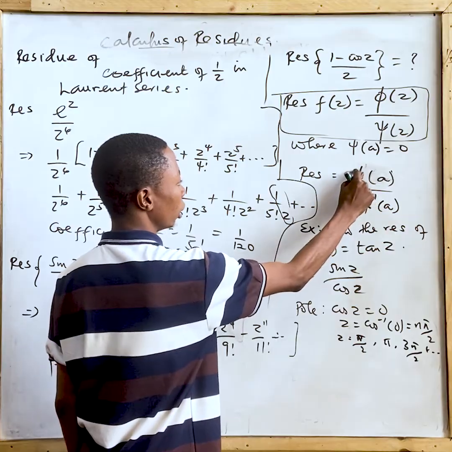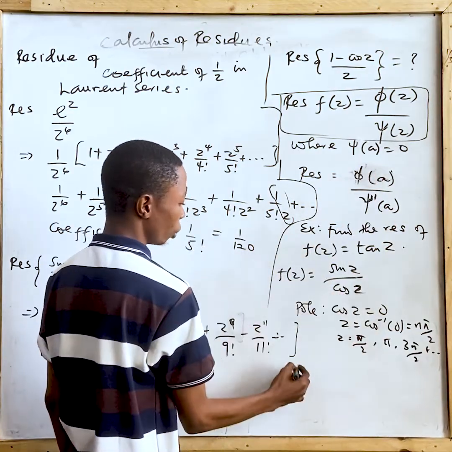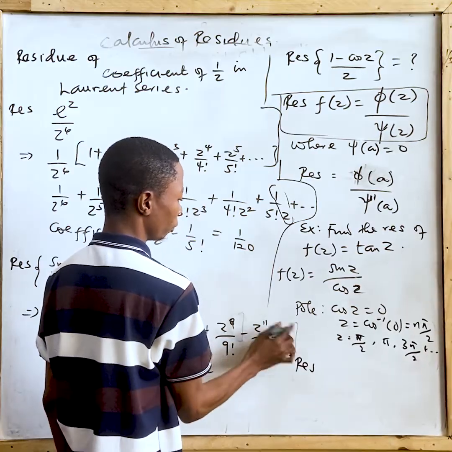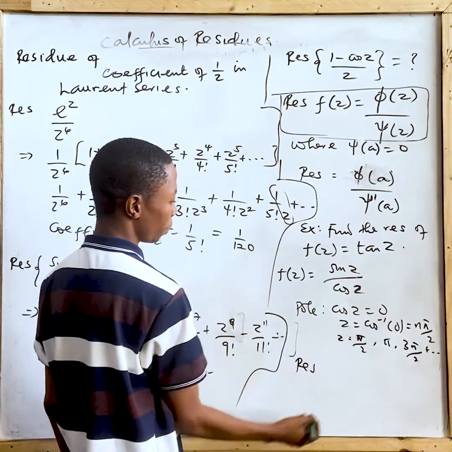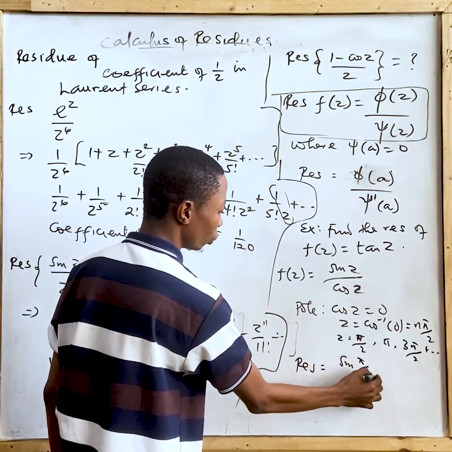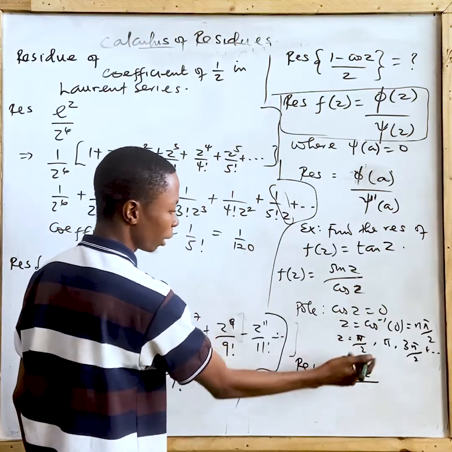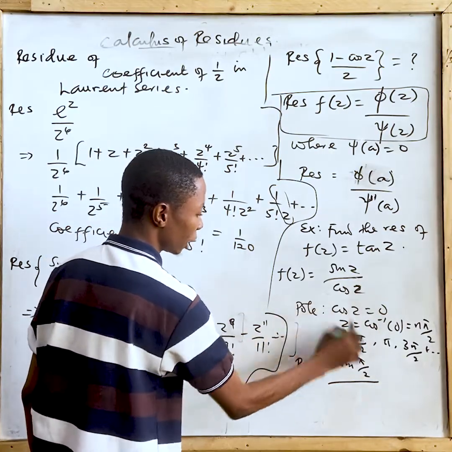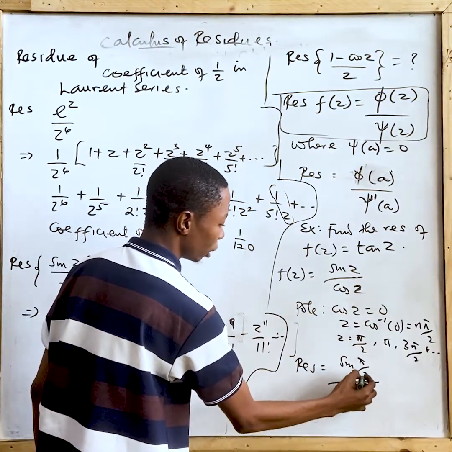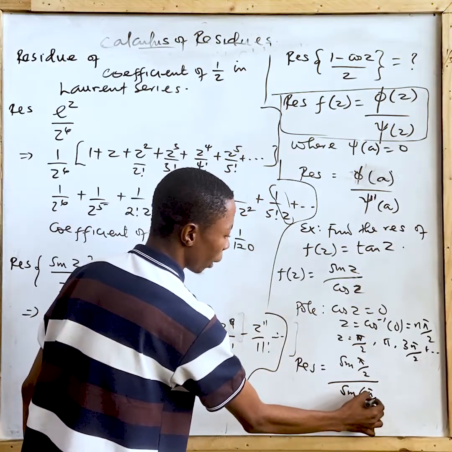That is the numerator. You put that pole a, then you differentiate the denominator. So my residue at pi over 2 will be sine pi over 2 divided by the derivative of this denominator at pi over 2.